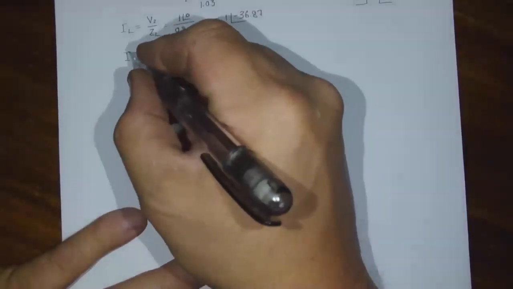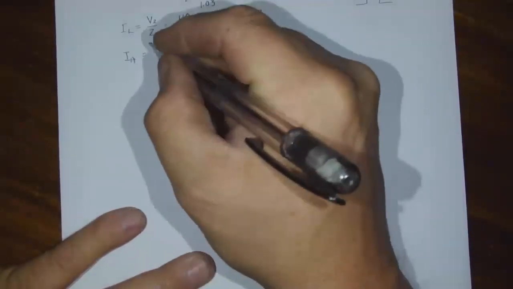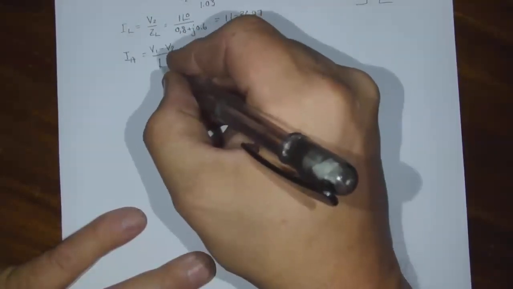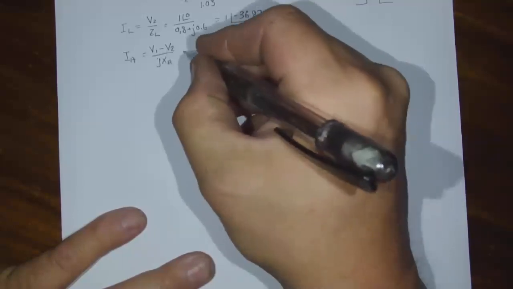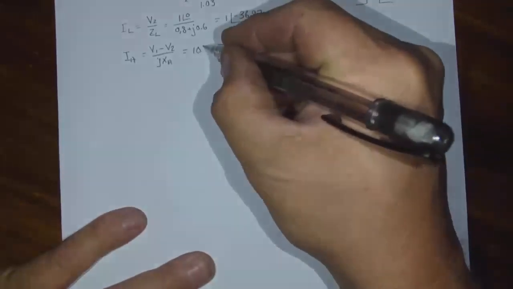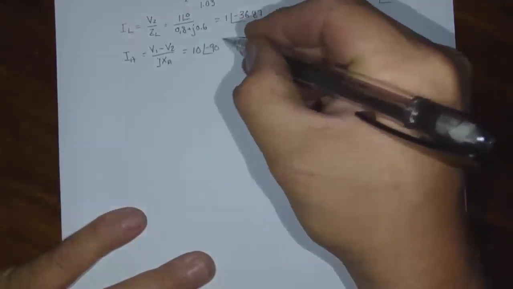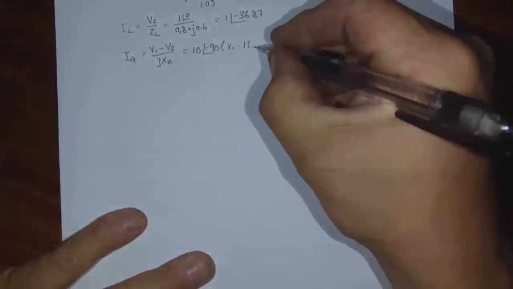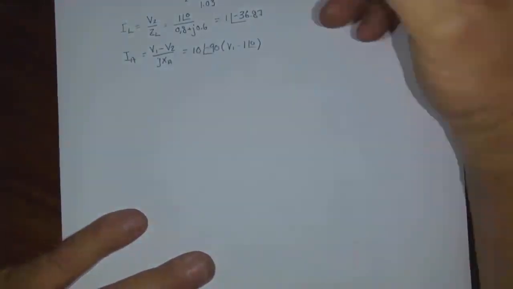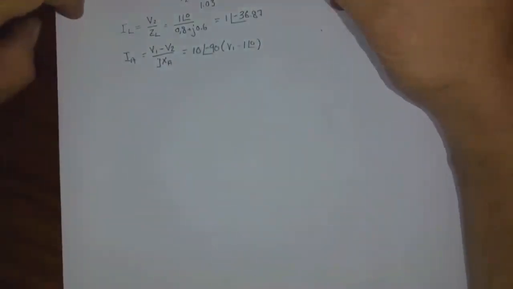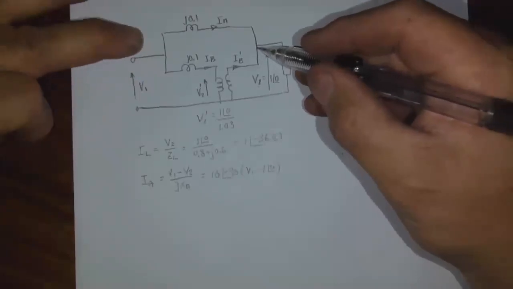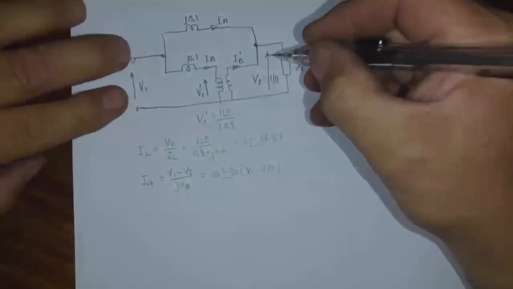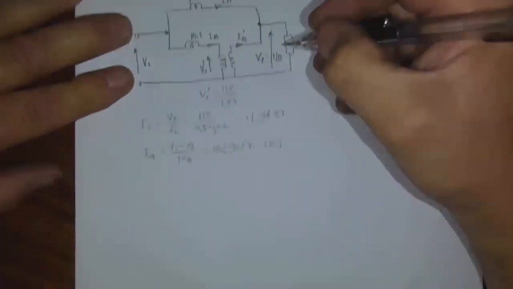IA is going to remain the same because it's V1 minus V2 divided by jXA. That gives us 10 ∠-90 times (V1 minus 1 ∠0). Now, because that's the difference between those 2 points, there's V1 and there's V2.